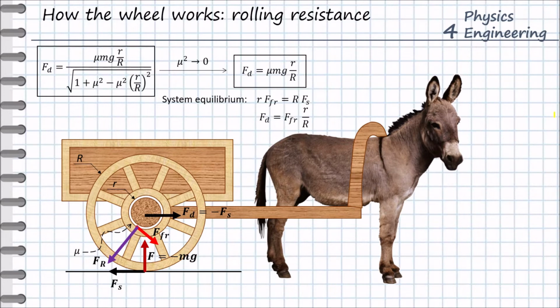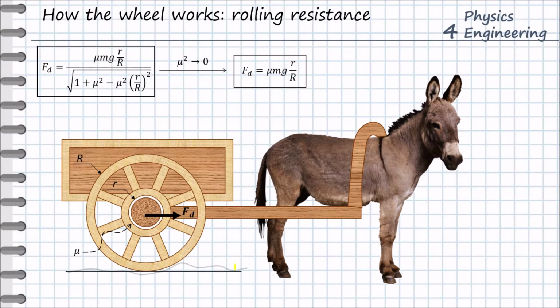Today we continue the discussion about the wheel, and in this video we will do the following. As you remember, we did not consider the rolling resistance during our first investigation, because we wanted to focus on understanding how the driving force depends on the wheel geometry and also the friction between the shaft and the wheel.